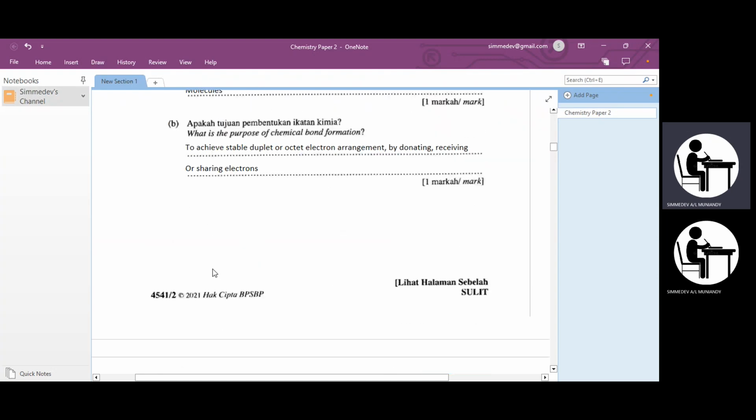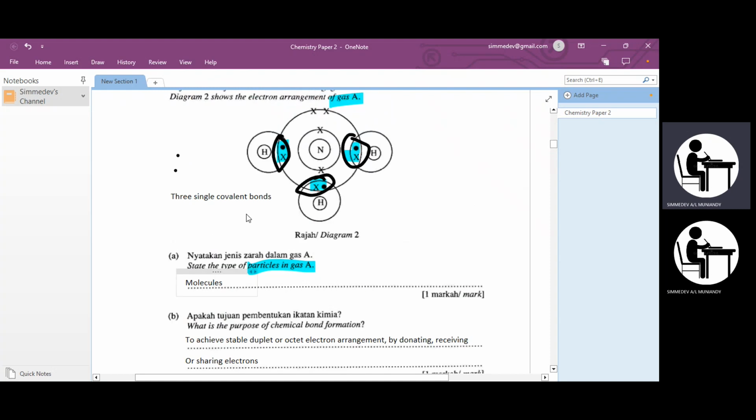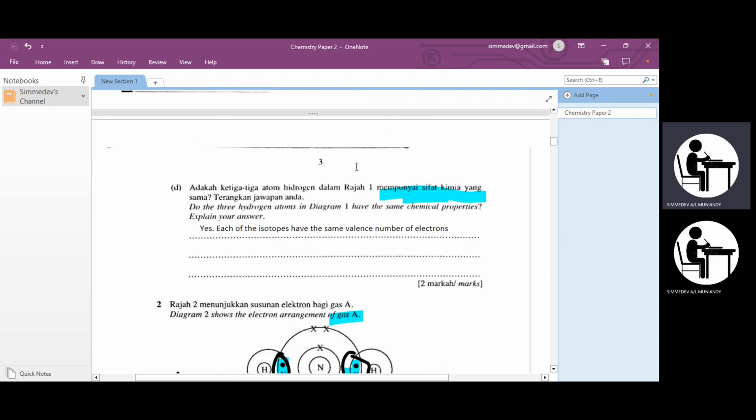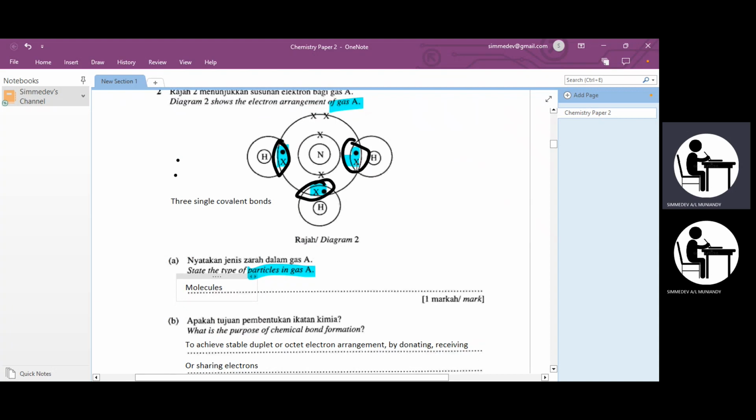For answering this question, we have to look back at what we have done before. As I have told you before, there is a sharing of electrons happening over here. And when we are answering this question, there are certain parts you have to elaborate. First of all, what are the atoms involved?